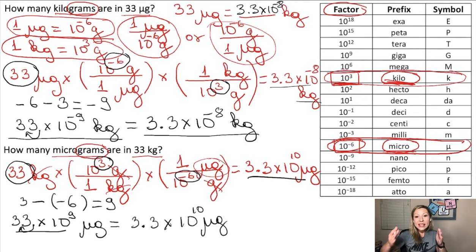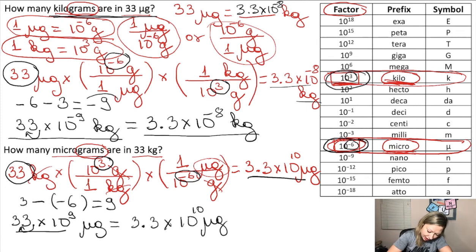So always start with the unit which you have to convert. So in the first case, you started with micrograms going to kilograms, so you needed to take minus 6 minus 3, giving you minus 9, right? Right here.